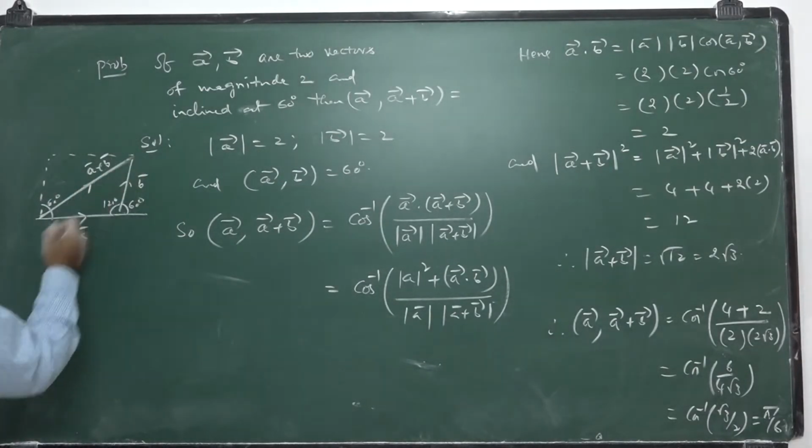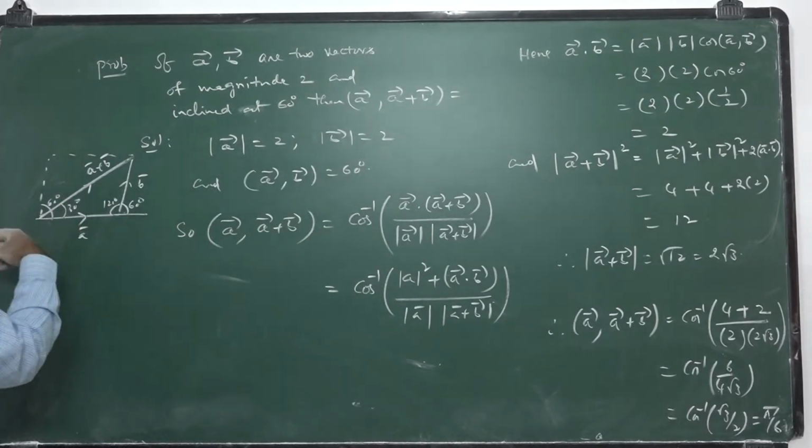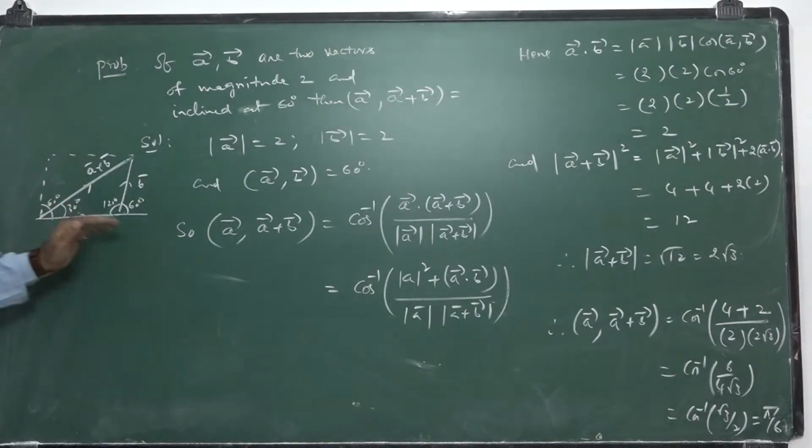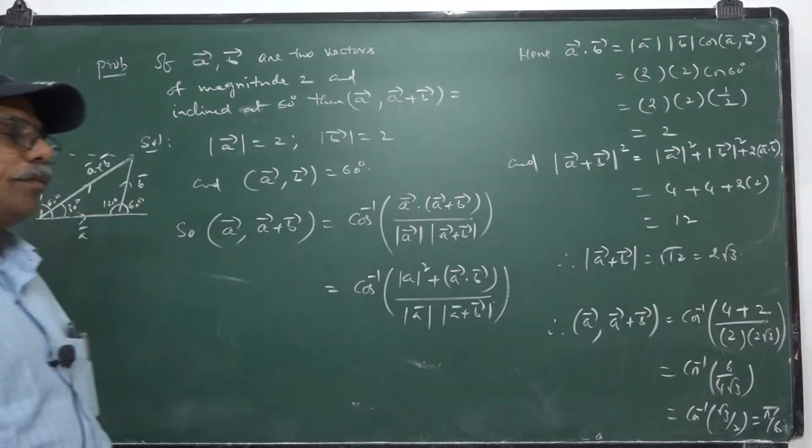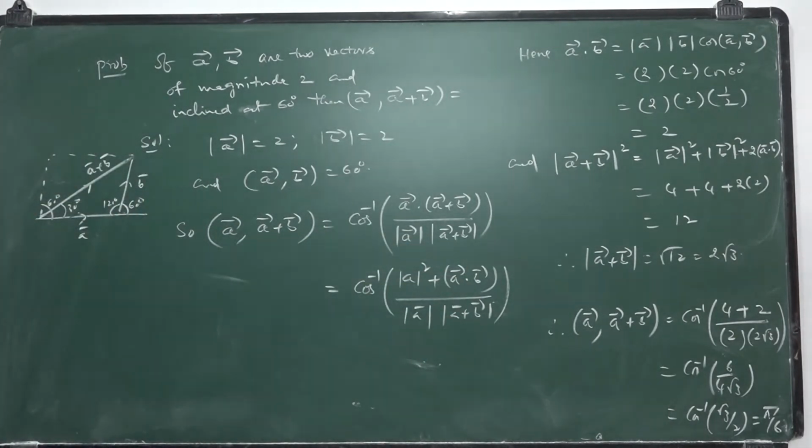This is the angular bisector. Hence this is 30. Straight away, you can find the angle between A bar and A bar plus B bar is 30. So, with the help of the dot product, here I am finding the angle between A bar and A bar plus B bar. Once you apply the parallelogram, it is easy to find the angle between A bar and A bar plus B bar as 30. Just a geometrical application.